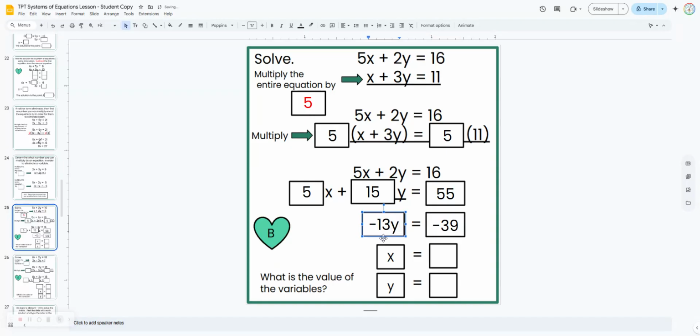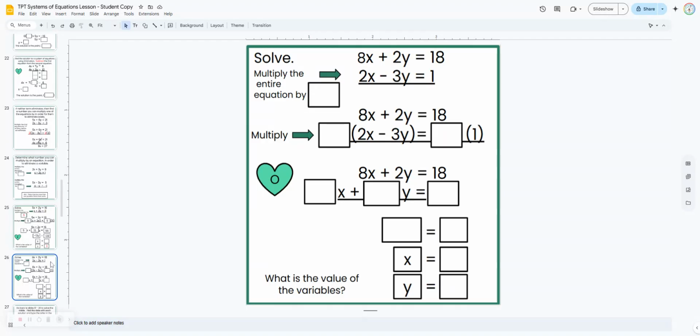We've eliminated our x, so now we're at y. So y is going to equal 3. Once we know y equals 3, we can substitute 3 for y in one of the equations. And they're going to finish. Yeah. So they could have negative 5 here, and this would still work out. They would still get an answer of 3.